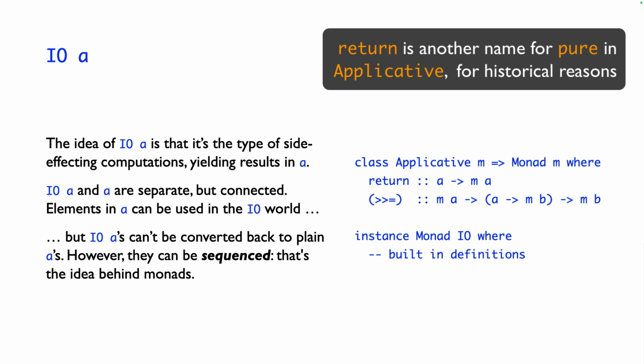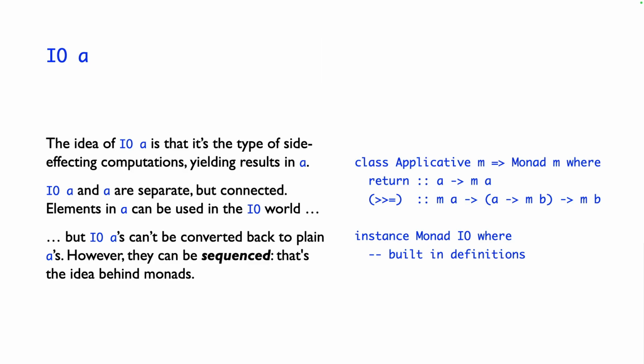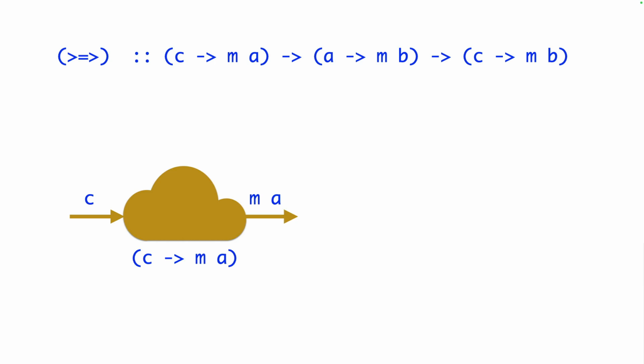I want to explain a related function called fish and then explain bind in terms of that, because I think that gives a more intuitive explanation than going directly into bind. So let's do that now. This operator fish is a generalized function composition. Here's the type.